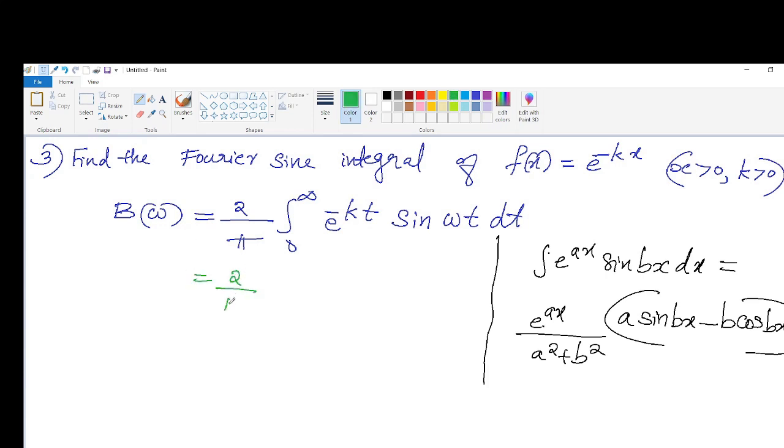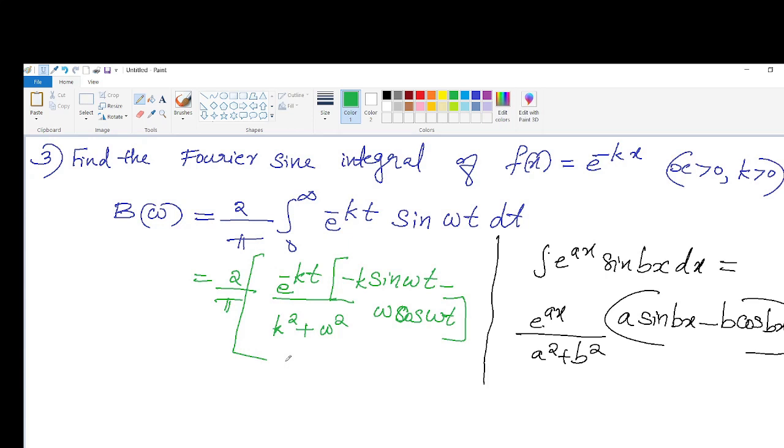So this is 2/π. What is a? a is −k. So e^(−kt) divided by (k² + ω²), and inside the bracket, −k sin ωt − ω cos ωt.